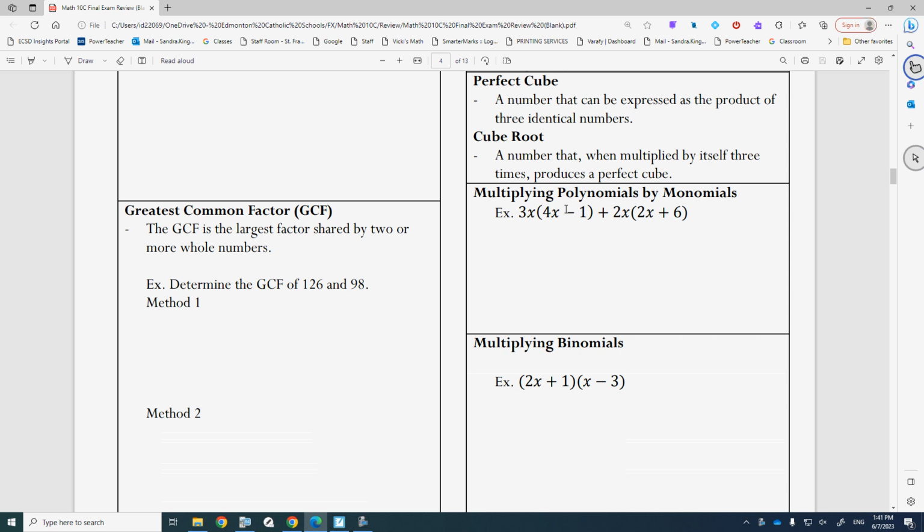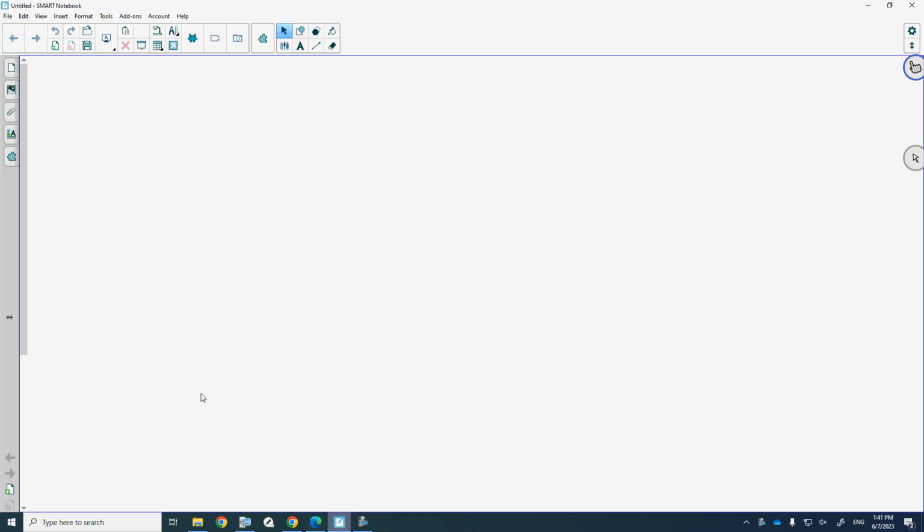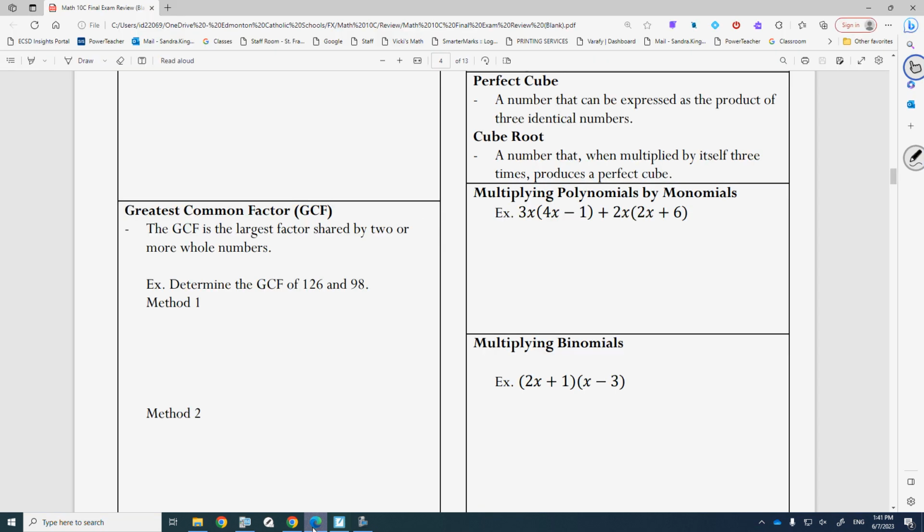Expanding a monomial by a binomial. Okay, so what we need to do is we need to get rid of the brackets.